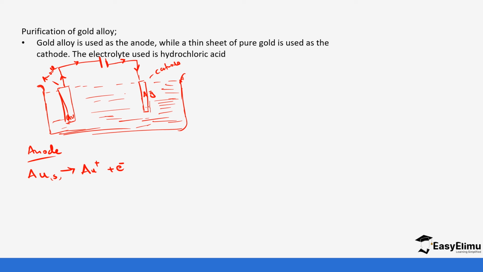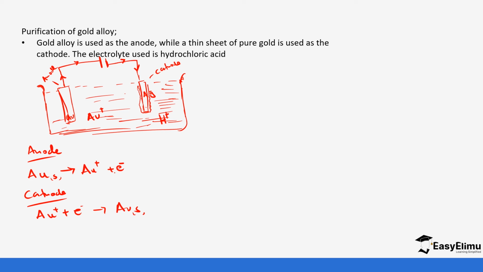Remember, at the anode we are giving off some gold ions in solution. So at the cathode, the gold ions that have gotten into the solution gain those electrons to form gold solid, which is deposited on the pure electrode on the cathode.